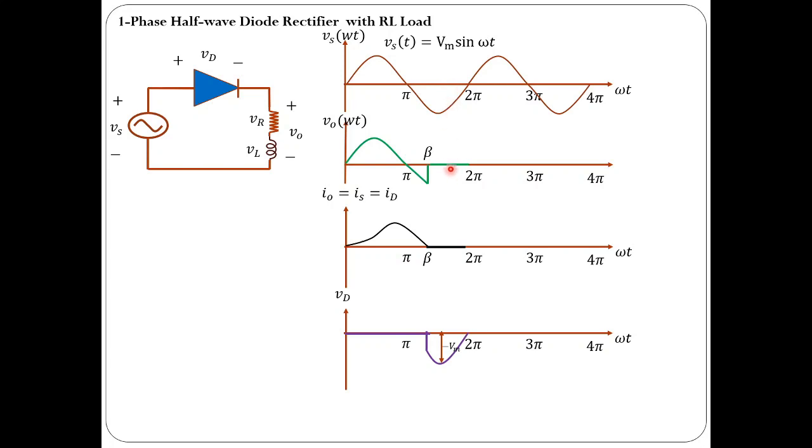In which case the voltage across the diode is always less than minus Vm. The peak inverse voltage is always less than minus Vm. In that case, the initial value of the reverse voltage across the diode is same as the peak voltage. So please do remember this particular point.